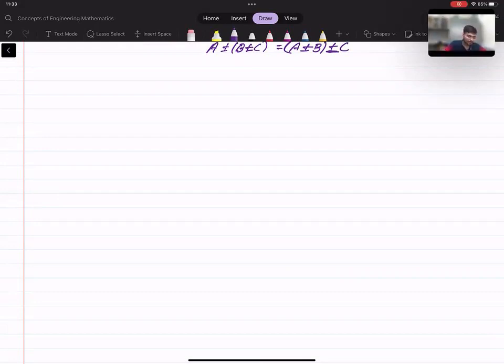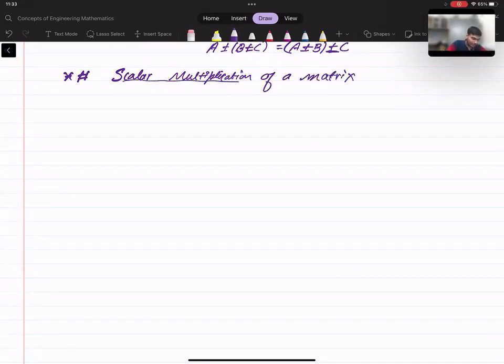Okay, but here in scalar multiplication, we multiply a scalar with the matrix. So what happens here is simply that when a scalar value is multiplied to a matrix, it gets multiplied to each and every element of the matrix.